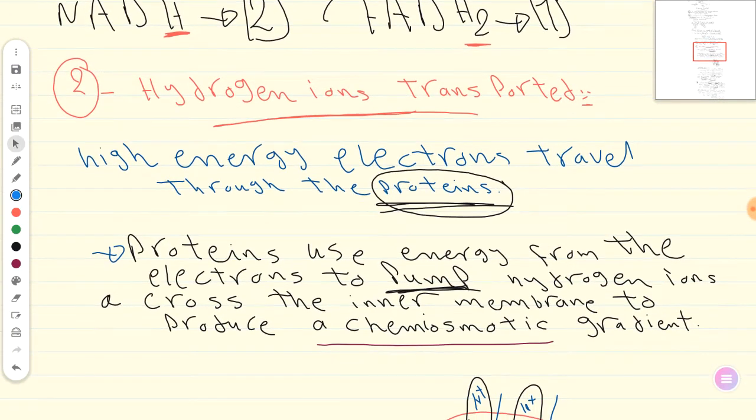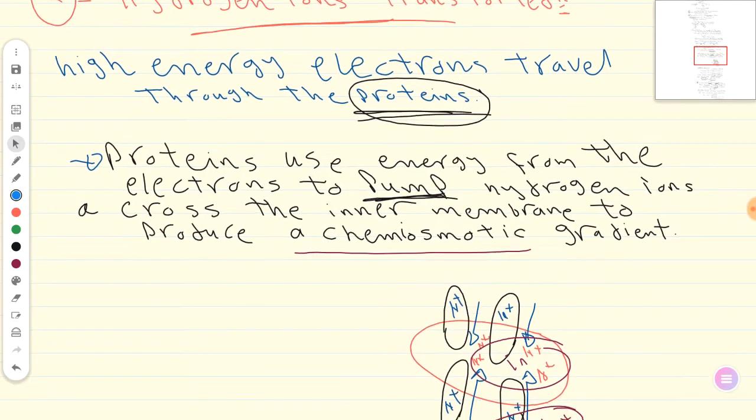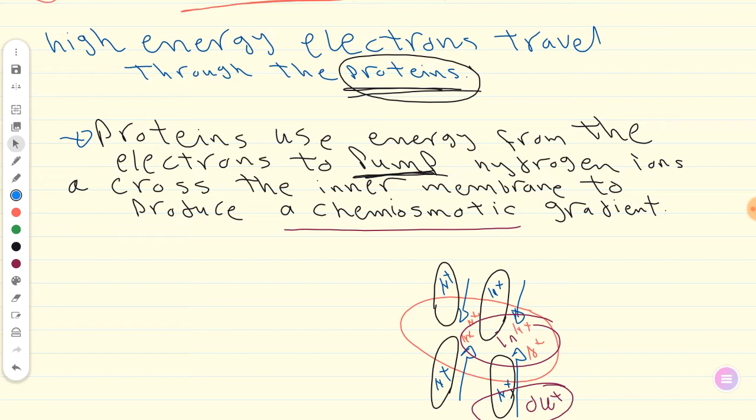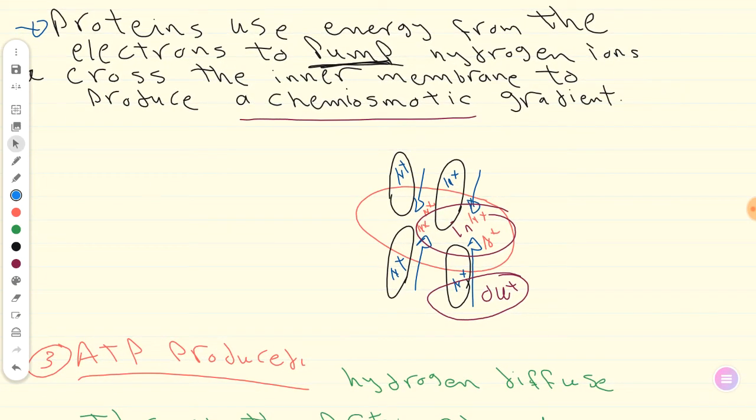So the high energy electrons travel through the proteins inside the structure of mitochondrial membrane, and proteins use this energy from the electrons to pump the hydrogen ions across the inner membrane to produce what means chemiosmotic gradient, which means the difference, as you can see, in both sides of the mitochondrial membrane, inside and outside.